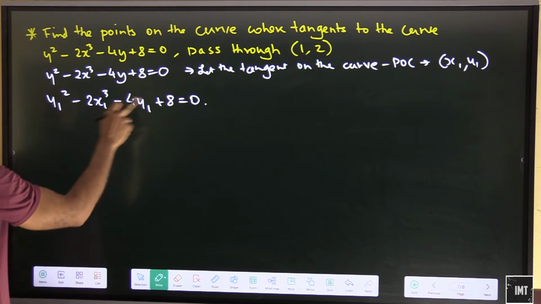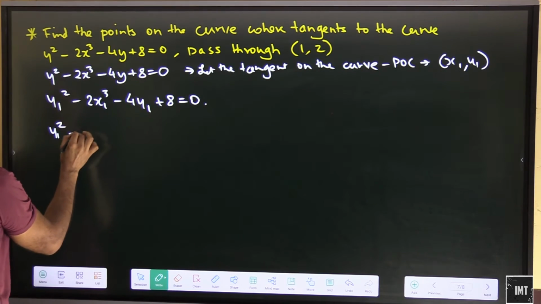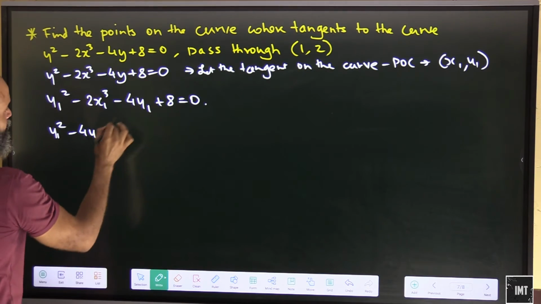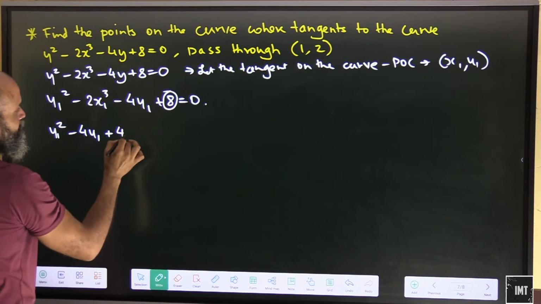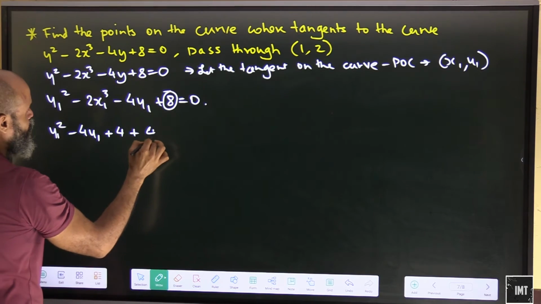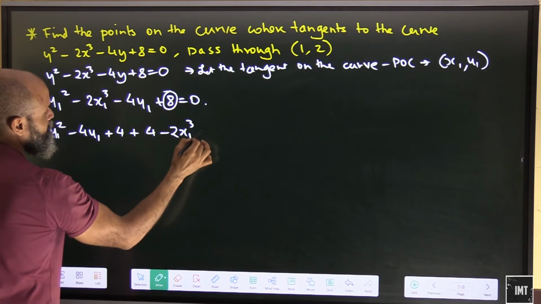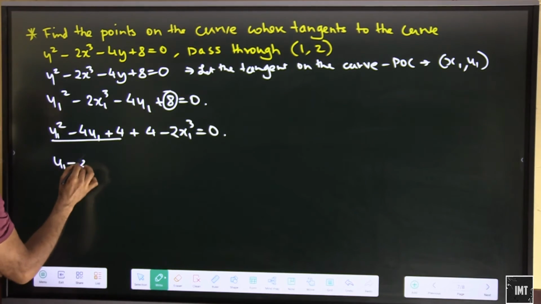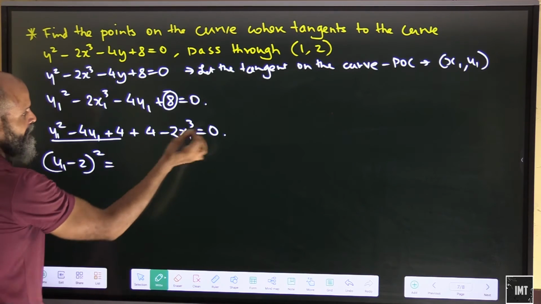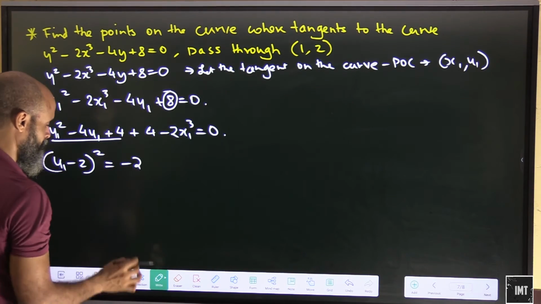Now look at this equation, y1 square minus 4y1. Can we make it 4? Yes, we can make it 4. We are splitting this 8 here, plus 4 minus 2x1 cube. Now this is y1 minus 2 whole square, and if we take this side, that will be minus 2.